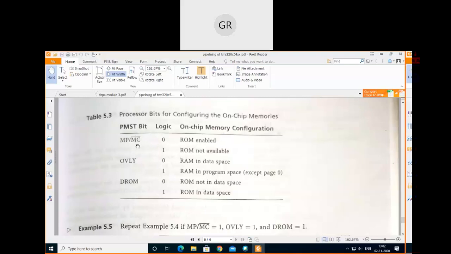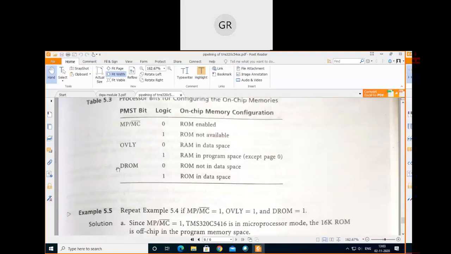When this bit is 1 in the PMST register, then ROM is not available. When the OVLY bit in the PMST register is 0, RAM is in data space. When OVLY equals 1, RAM is in program space.